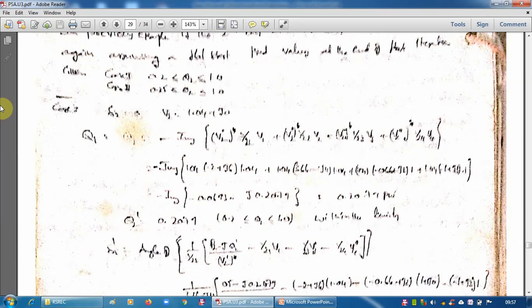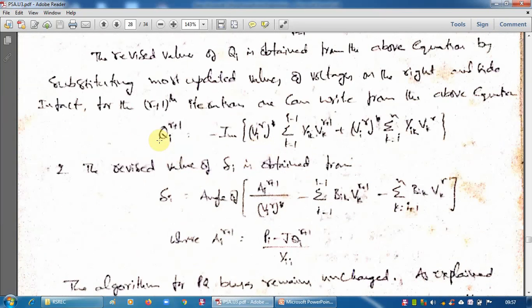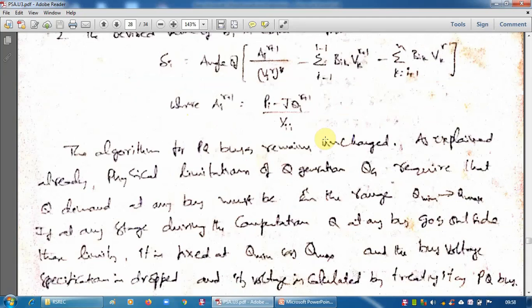Now second bus is generator bus. So for that we need to calculate Q2. Q2 is this formula. If we expand this formula by making i equal to 2, Q2 means i equal to 2, r plus 1 means 1, first iteration. Therefore here r plus 1 is 1 and here r equal to 0. Like that we can expand this equation.